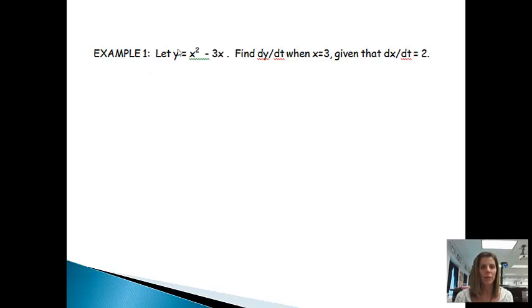For the first side, if we have y, the derivative of y is 1, but please remember that we're taking the derivative of y with respect to time this time. So we're going to put 1 dy/dt instead of putting dy/dx.